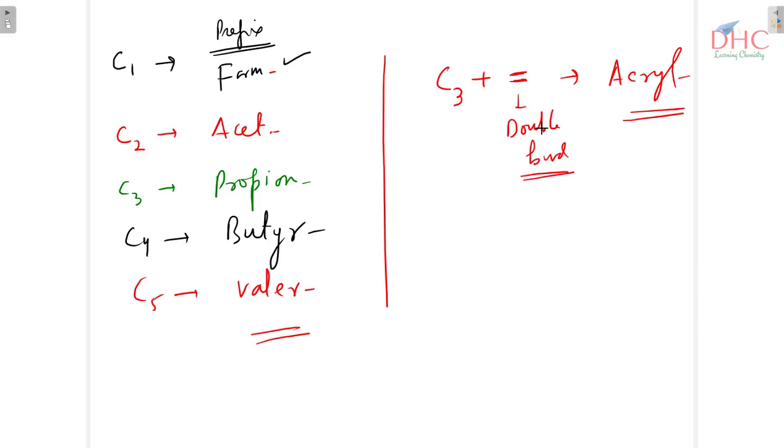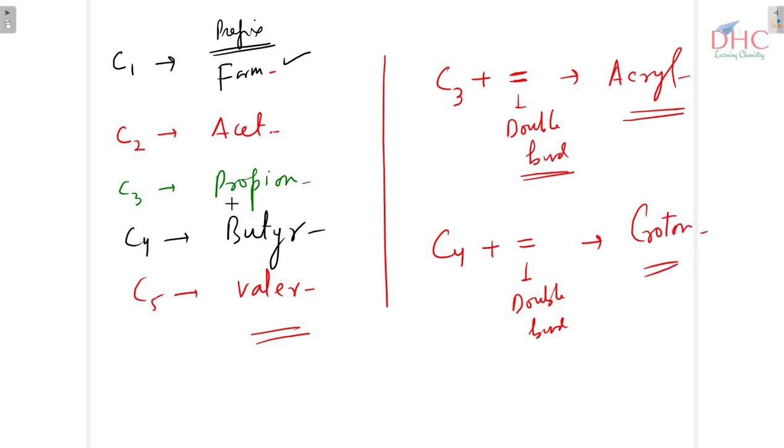If the molecule contains 1 double bond and 3 carbons, then you have the name as acryl. If you have 4 carbons and there is 1 double bond, then you have the name that is croton.